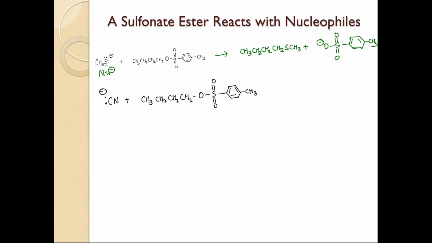In the same way, the cyanide ion can attack this carbon, and the leaving group is going to leave, in which case you're going to form a nitrile. The product here is going to be this, and your tosylate ion. We call this a tosylate ion because it has an oxygen with a negative charge on it.